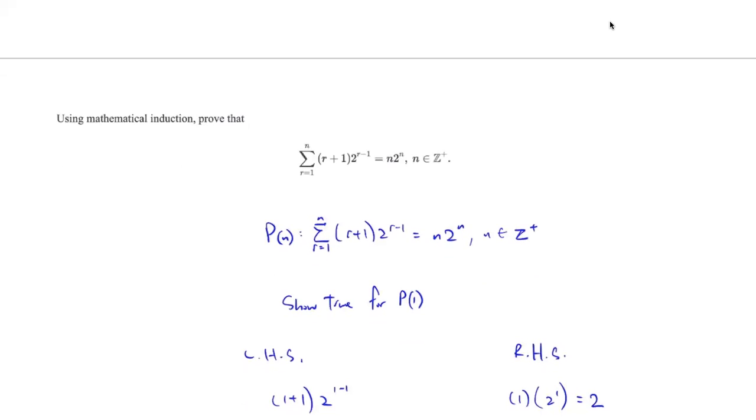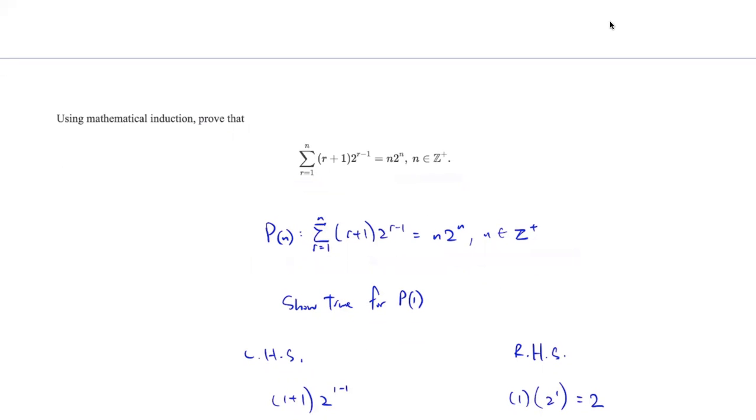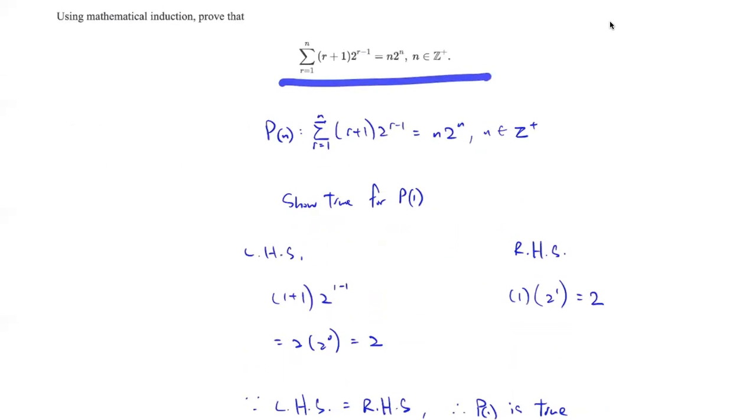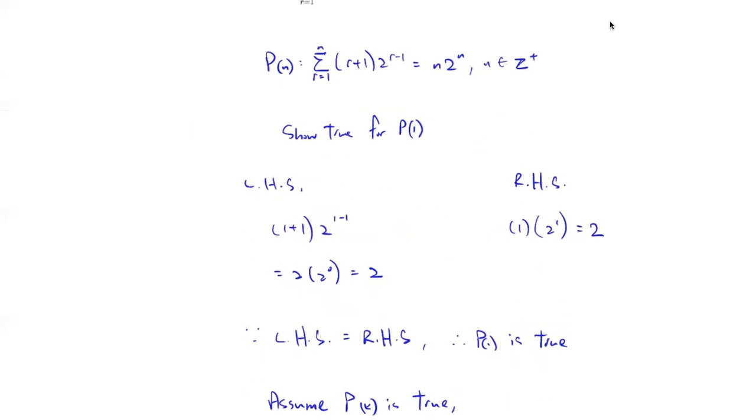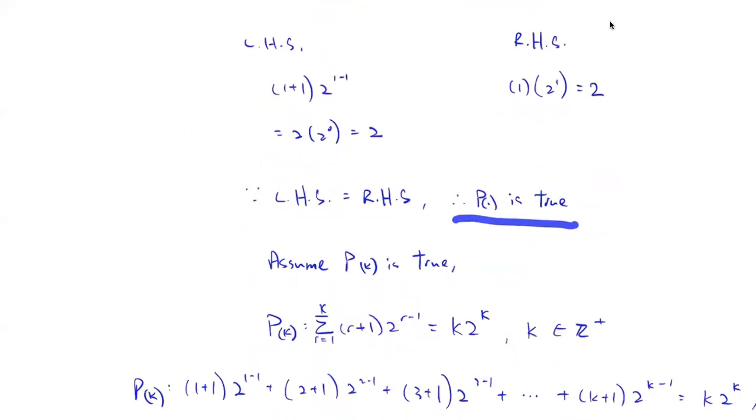First, Pn equals to this expression. I just copied everything and say that Pn equals to this. And then we show true for P1. The left-hand side equals 2, the right-hand side equals 2. Therefore, because the left-hand side equals the right-hand side, P1 is true.